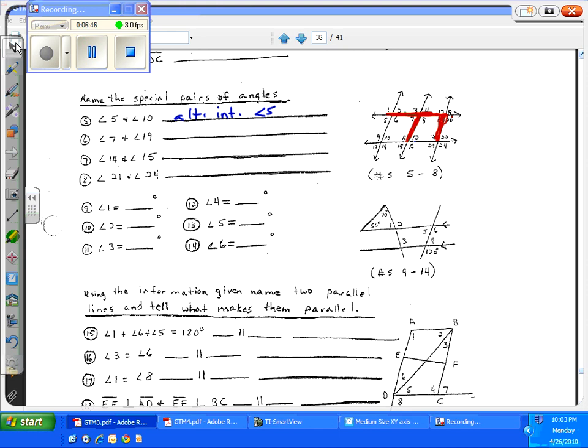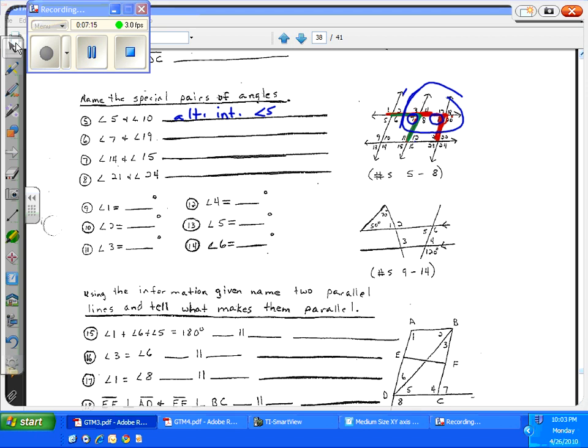The formal definition is they're in corresponding positions relative to the two lines. So if we consider the two red lines cut by the red transversal, then angle 7 is in the bottom left position here, and angle 19 is in the bottom left position there.